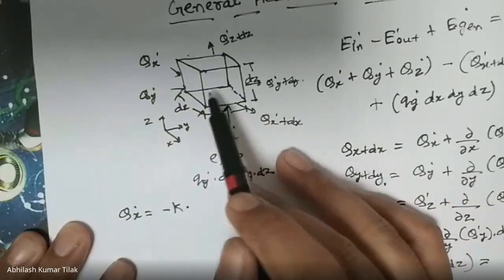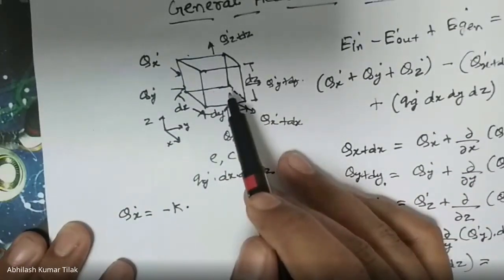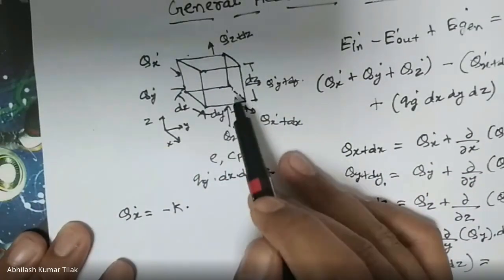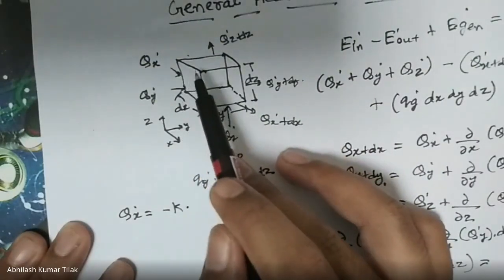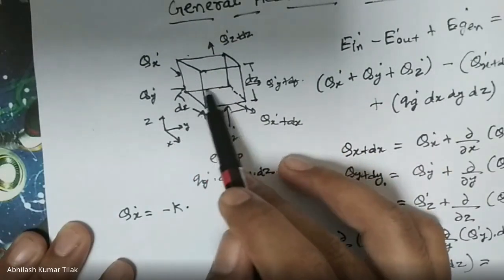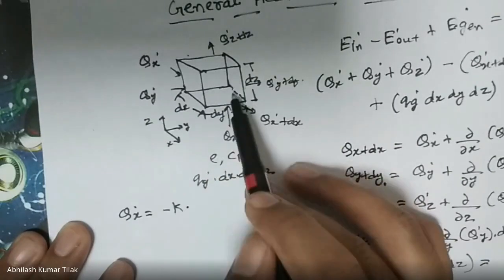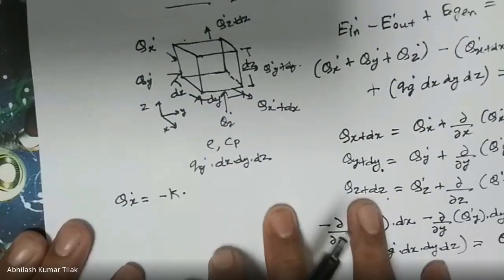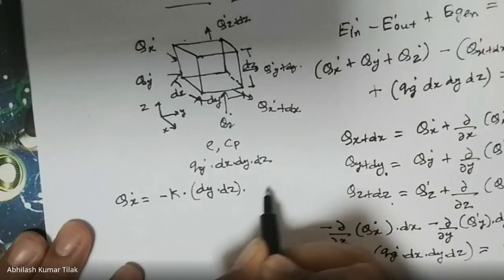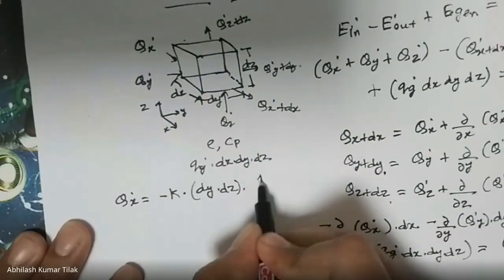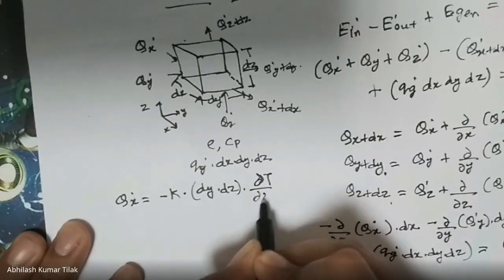It would be the product of dy and dz. This is the direction of heat transfer, so the area normal to the direction of heat transfer would be dy into dz. So qx is minus k into dy into dz into dou T by dou x.